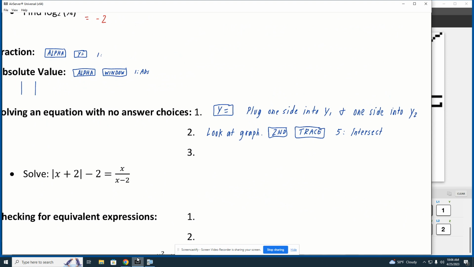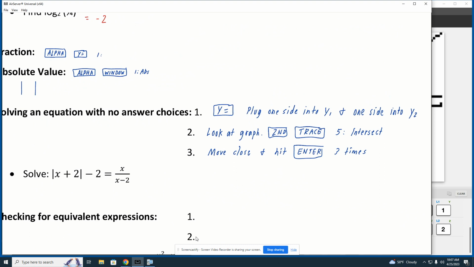We move close to it and hit enter 3 times. Okay, just boom, boom, boom.